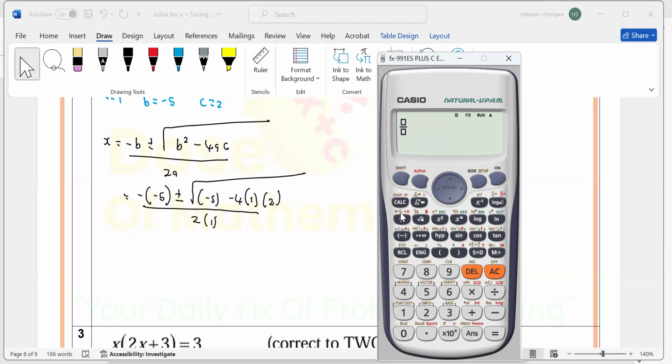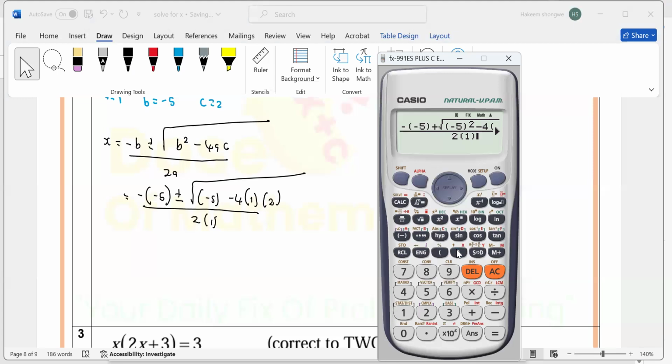Fraction, minus, open bracket, minus 5, plus, minus 5 all squared, minus 4 multiplied by 1, 2 multiplied by 1.